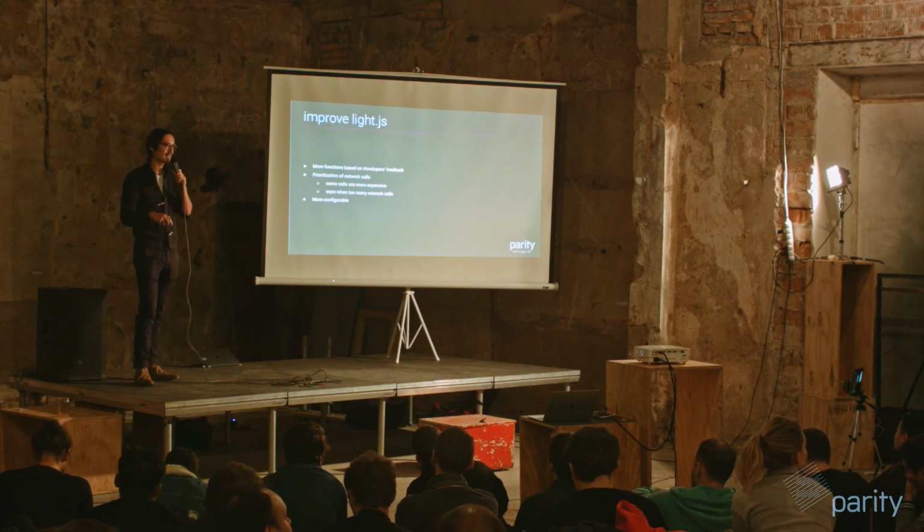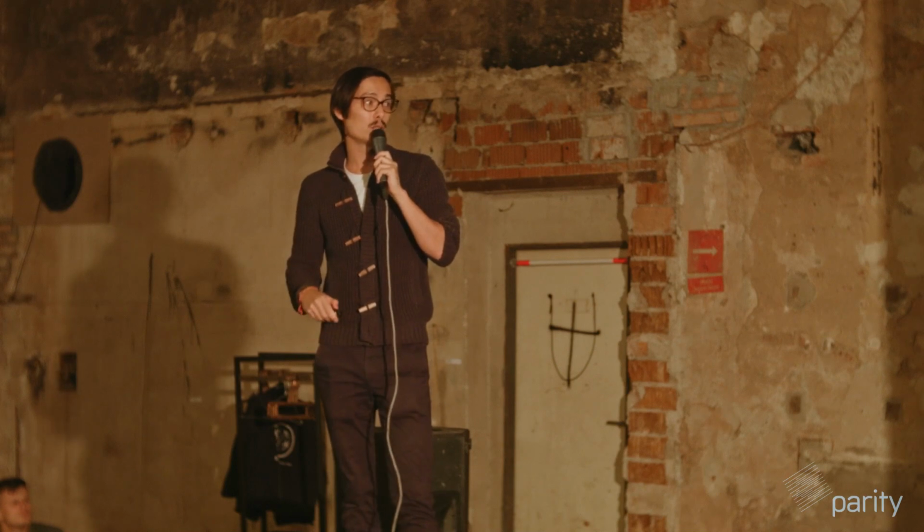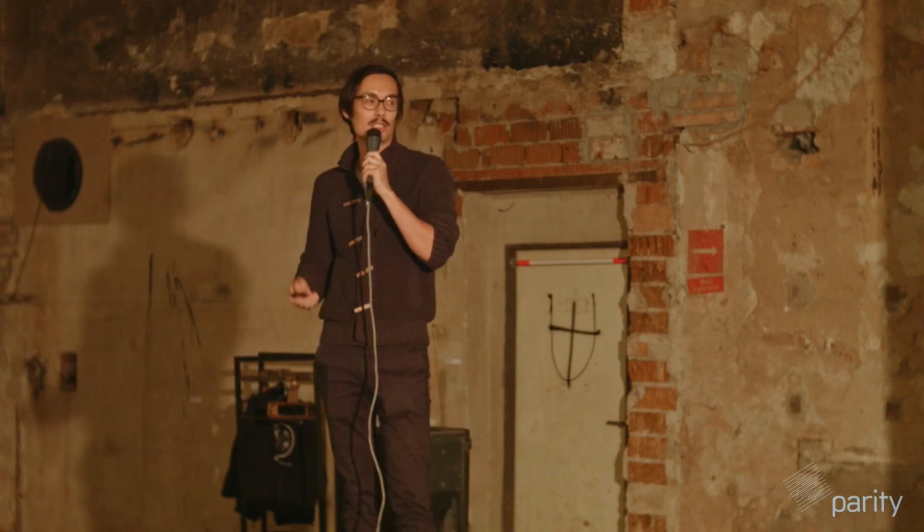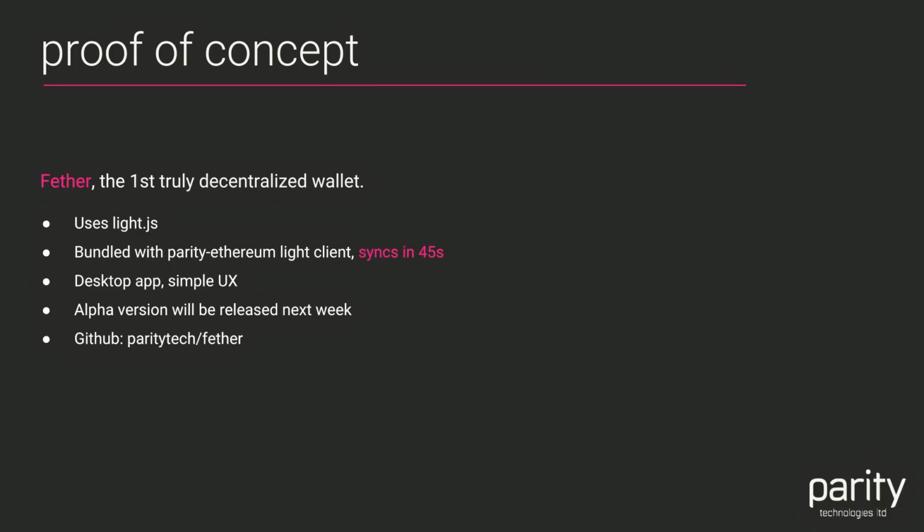So we want to prioritize inside of Light.js to warn the developer that maybe this call should be made before the other one, etc. We want to make it more configurable so that the developer can choose which calls he finds more important than others, so that there's some hierarchy of functions to use, etc.